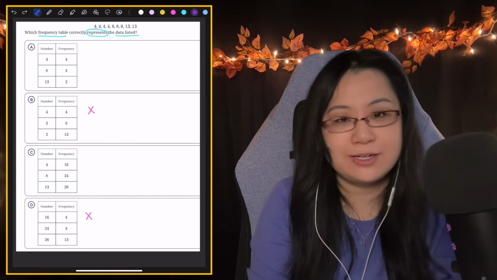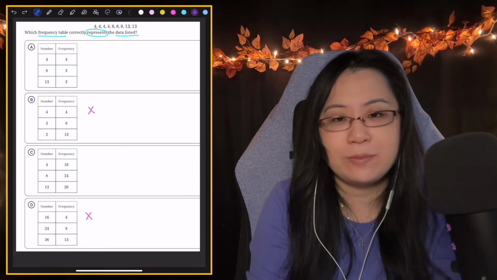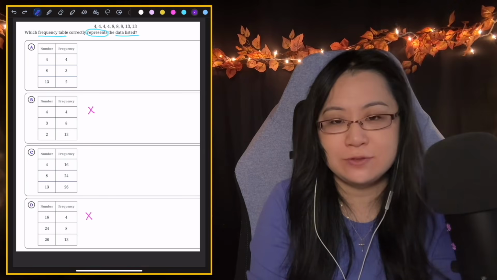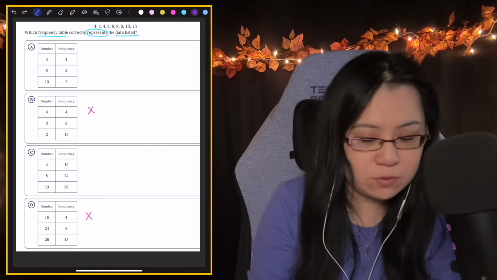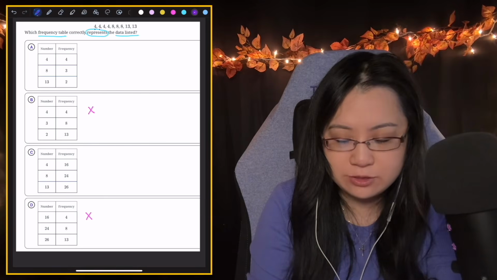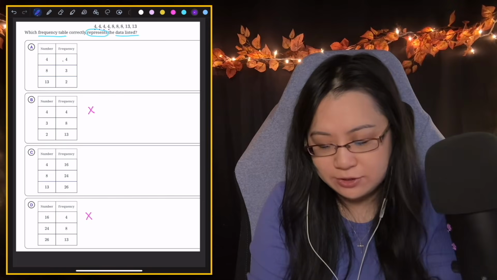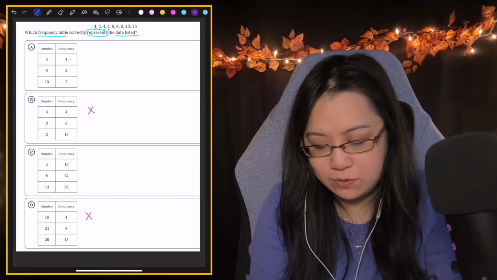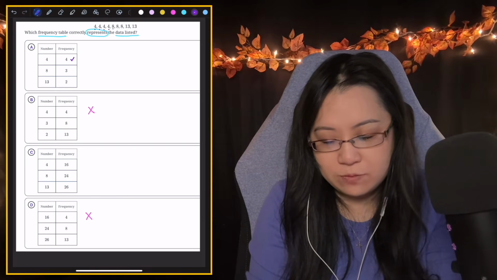Then next we want to write out how many copies of each of those unique values we have. For this list, for 4s, we have 1, 2, 3, 4. We have 4 4s. So for answer A, we have 4 4s. For 8, we have 1, 2, 3.